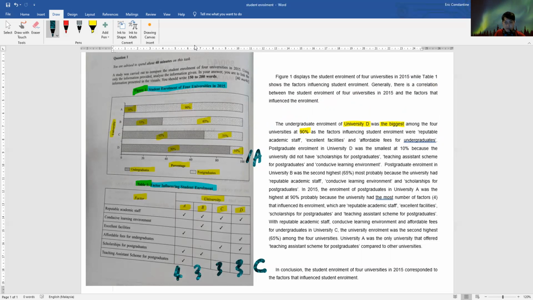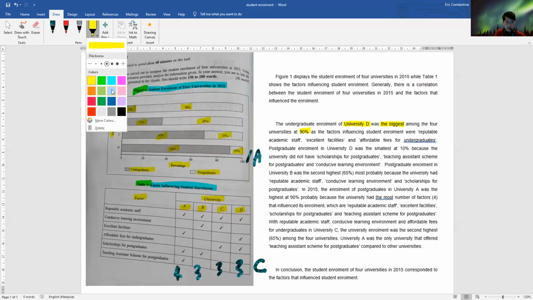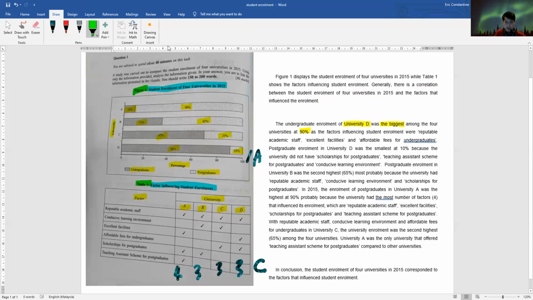Now, the second part is the report shows that you need to synthesize, so as to interlink. Maybe let me just use other colors first. Now, just for example, as the factors. So this part here, sometimes you look at the later stage, there are different ways to link between the two visuals, the first one and the second one.